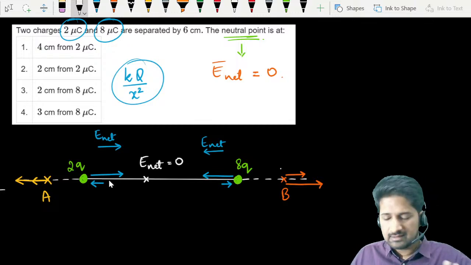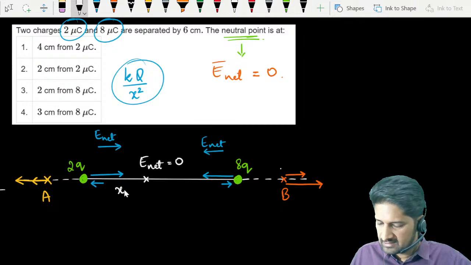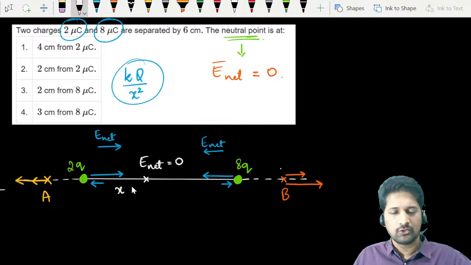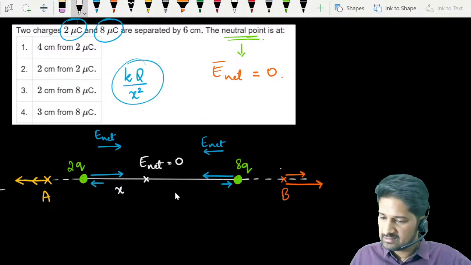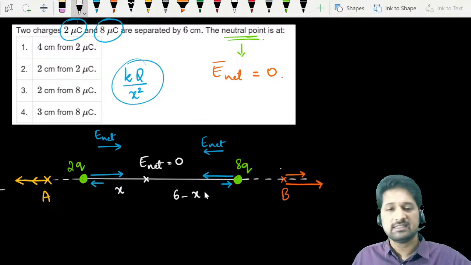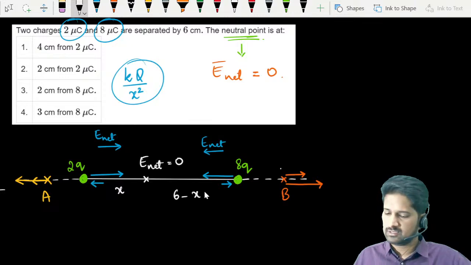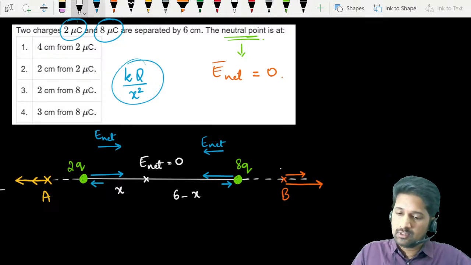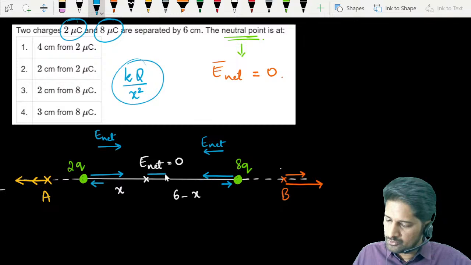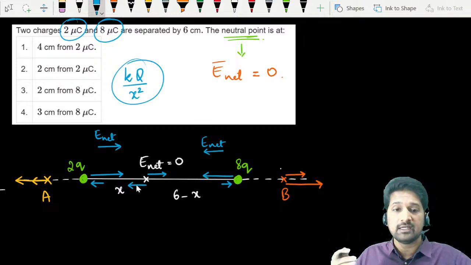Let the distance of the neutral point from 2q be x. Then how much will be the distance of the neutral point from the other charge? 6 minus x, in centimeters. Now the net field has to be 0, meaning the field produced by 2q should balance the field produced by 8q. Their magnitudes should be equal.